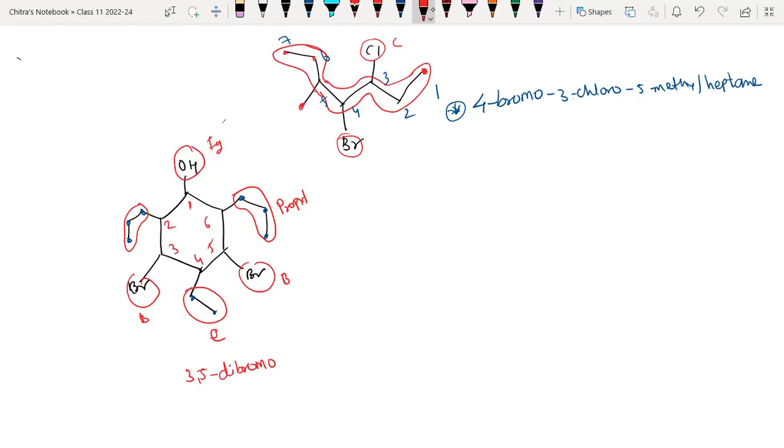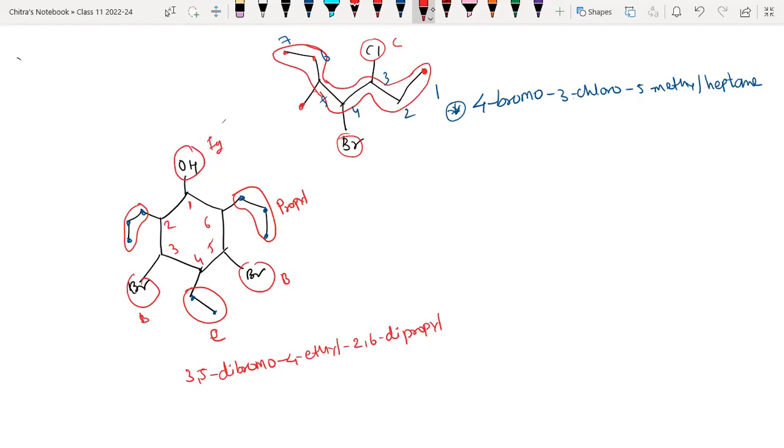So it is ethyl and its position is 4, so it is 4-ethyl. Then we have the 2 and 6 positions of propyl. So again 2, 6-di, and the name of the group is propyl. Then all the substituents are done.